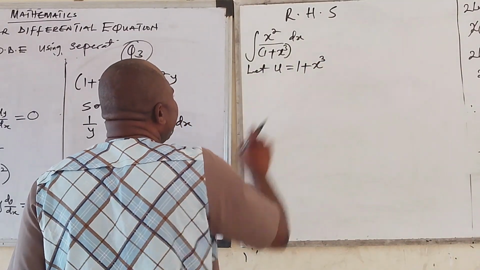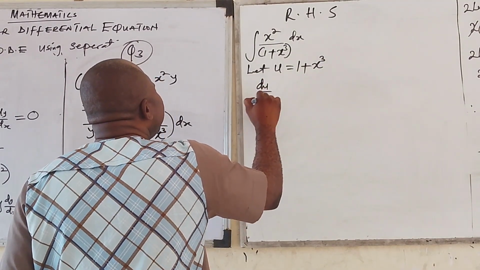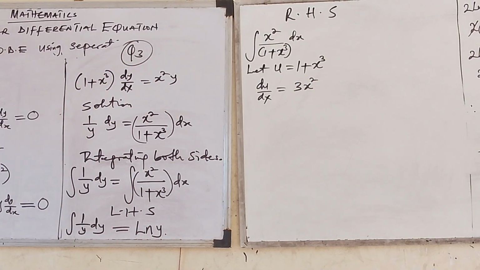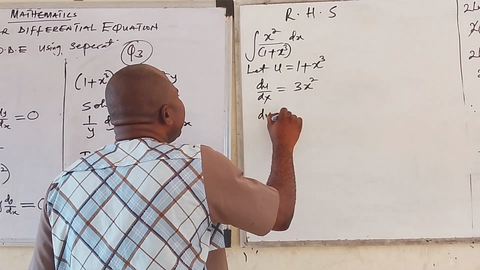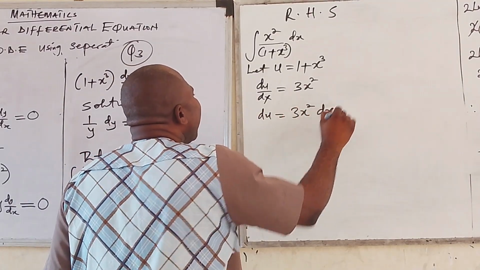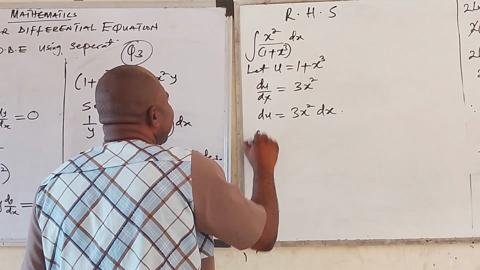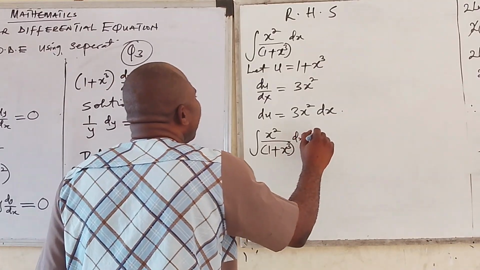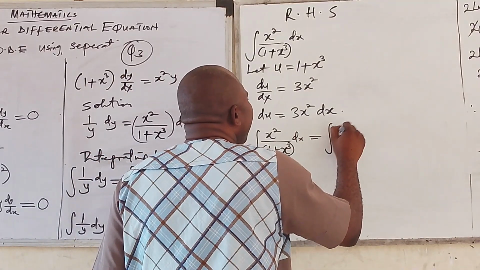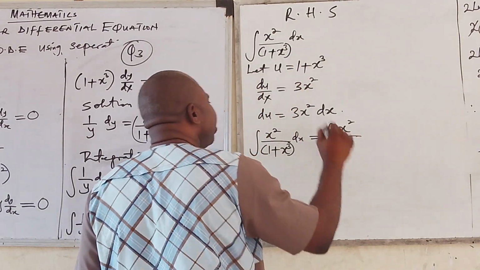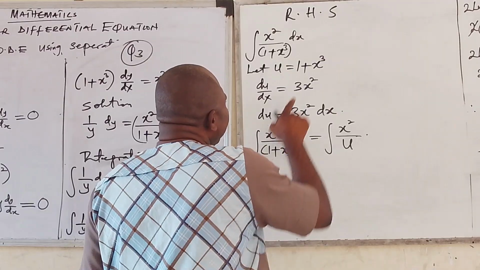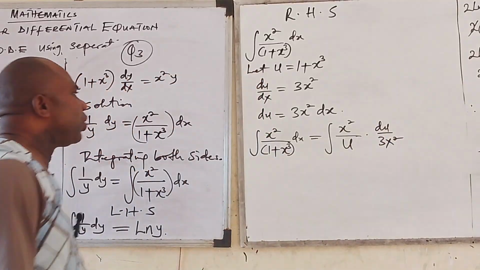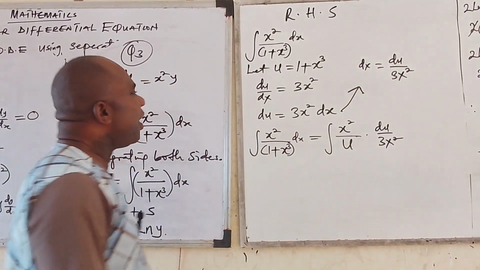If u is equal to 1 plus x raised to the power of 3, it means du/dx will be equal to 3x squared, and du will be equal to 3x squared dx. So the integral of x squared all over 1 plus x cubed dx will be equal to the integral of x squared all over u, times dx, which is du all over 3x squared. That's the value of our dx.